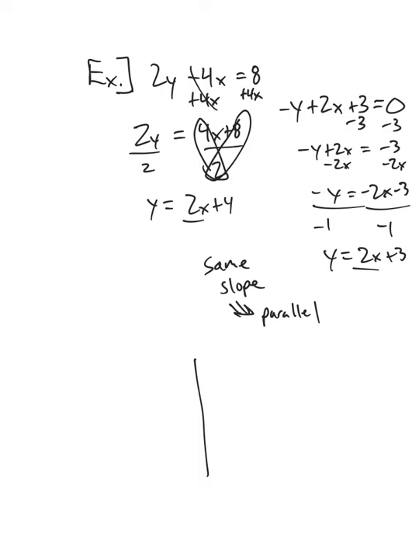Which, if you recall the graph of parallel lines, let's graph this one first. Y-intercept of 3. And slope of 2, up 2, right 1.